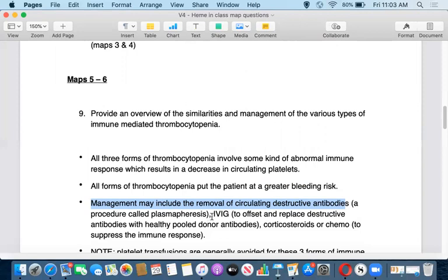Maybe you have to give IVIG, which are pooled antibodies that will offset the immune response, reset it so it's not attacking the host. Maybe you have to give medications that just suppress the immune response in general. Hopefully the bullet point we're on now is giving you some general themes to think about when you have immune-mediated thrombocytopenia.